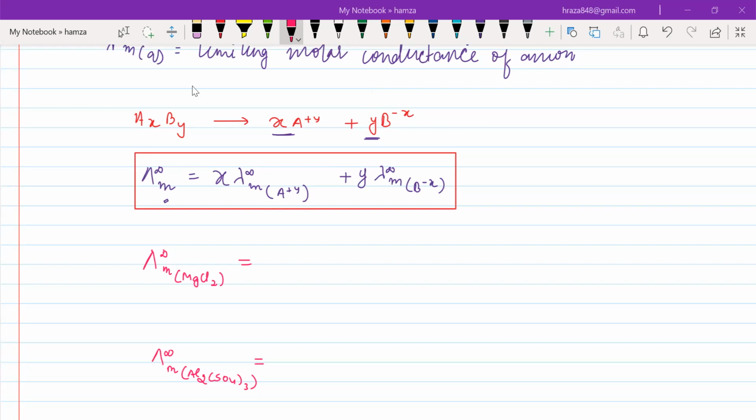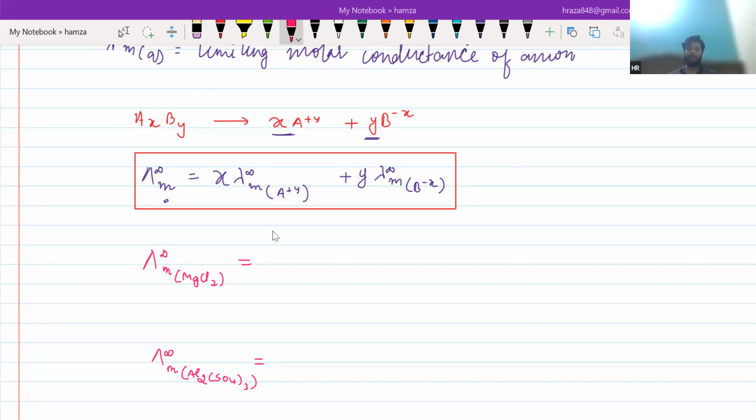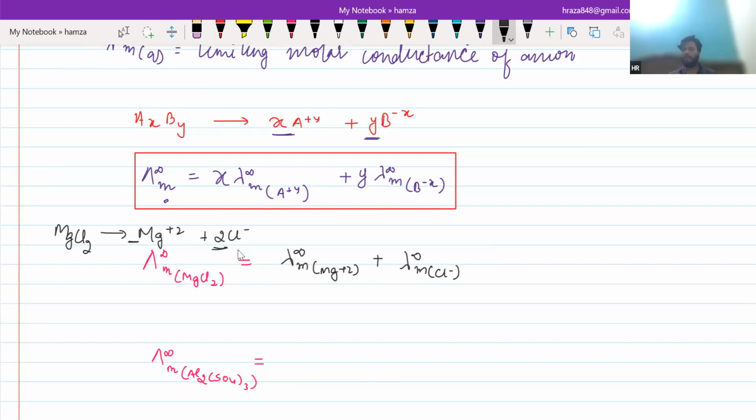What about the first one? First one, you have to do it like this. MgCl2 dissociated into Mg plus 2 and 2Cl minus. Just balance it. For balancing Cl minus, we need to multiply it by 2. So the answer will be lambda naught m of Mg plus 2. And what is the stoichiometric coefficient? 1. You can multiply it by 1, you will get the same thing. Lambda infinity m of Cl minus. But here the moles of Cl minus is 2, so you have to multiply it by 2.